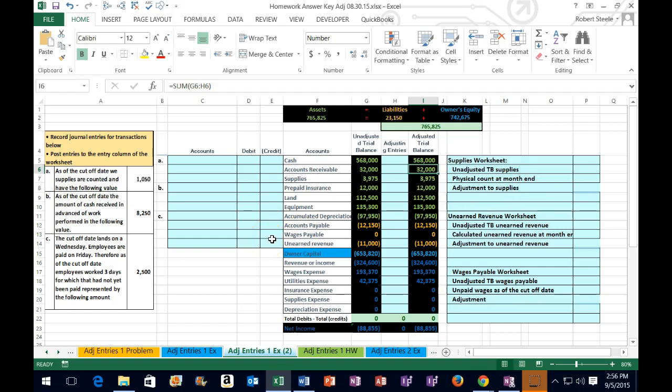Now remember, these are rules, some of them specifically for the adjusting entry process. So specifically for the end of the period adjusting entry process, we still have the same rule of every transaction is going to have two accounts. Every transaction is going to have at least a debit, the same amount of debits and credits. New rules solely for adjusting entries include that every transaction is going to have one balance sheet account above the blue line, and it's going to have one income statement account below the blue line.